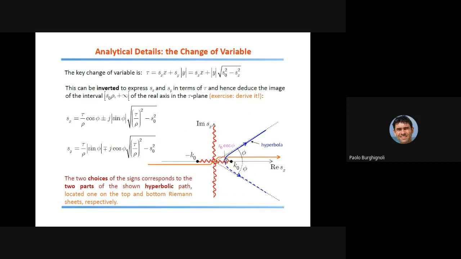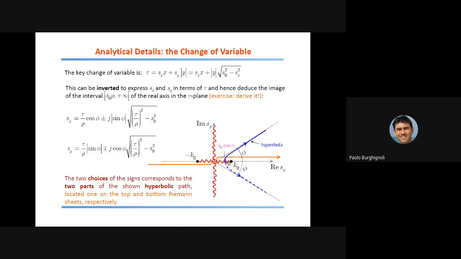One portion is this blue solid line in the first quadrant of the Sx plane, and this goes from this purple point here, S0 cosine phi, to infinity, approaching this linear asymptote. And then there is also the dashed blue line, which goes in the fourth quadrant asymptotically to the other asymptote of the hyperbola.